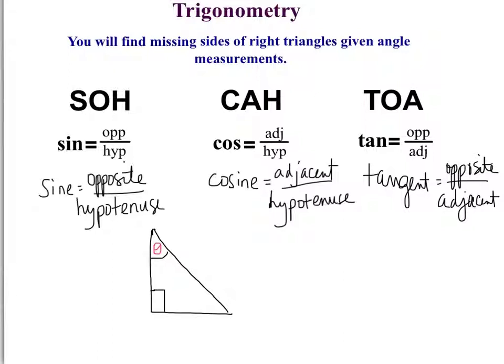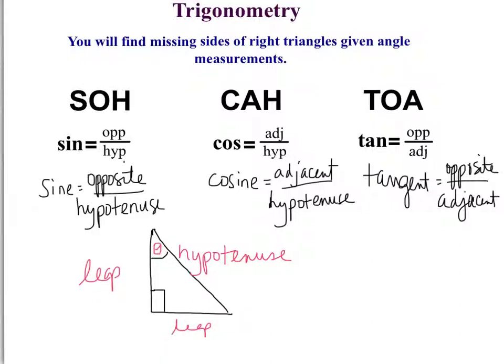If this is the angle, this is the hypotenuse right here, that slanted side. These two sides that form a right angle are called legs. So this is the hypotenuse always, and these are the legs.